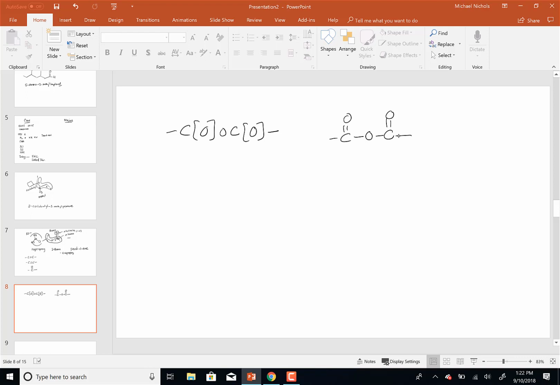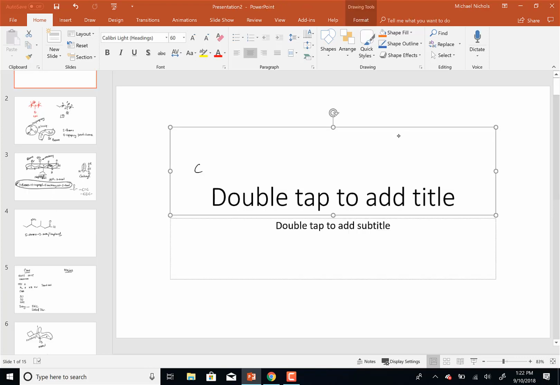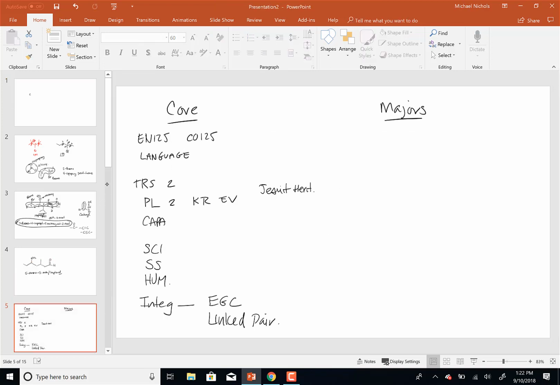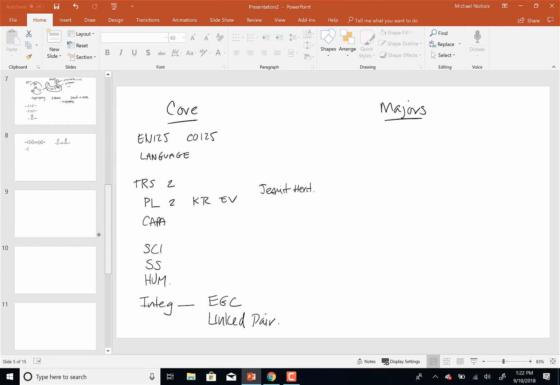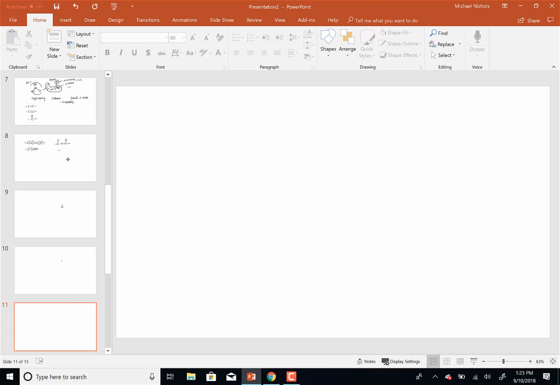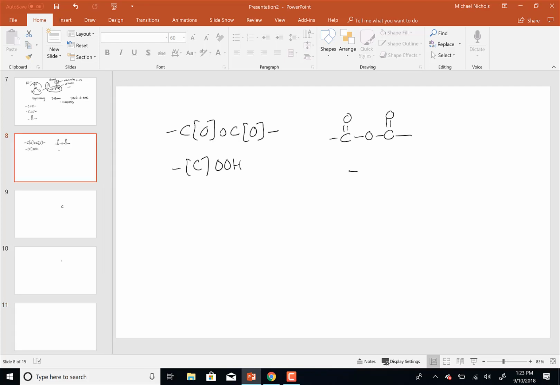And at the top, the brackets COOH is a COOH. So it's carboxylic acid.